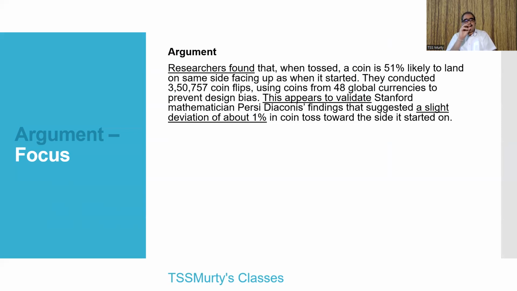Then that experimentation and observation appears to validate a Stanford mathematician's findings. This is in sync with that. The mathematician's findings also suggest a slight deviation of about 1%, which is more or less the same as the researchers found it to be. This is what the argument says.